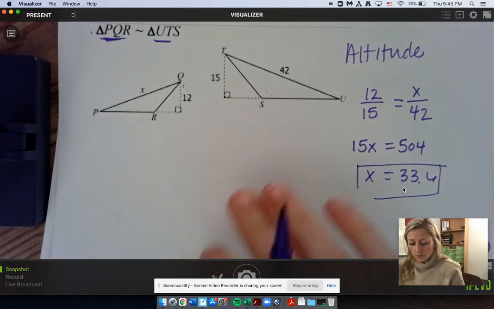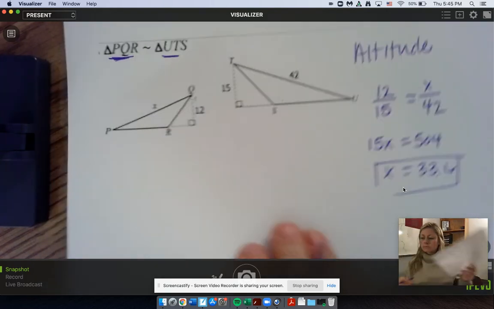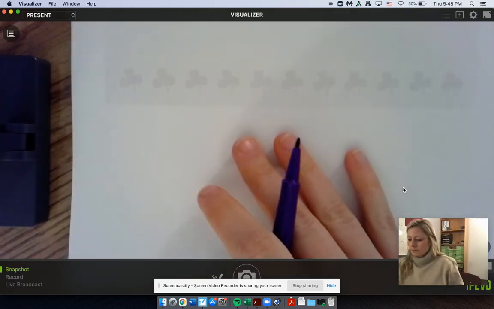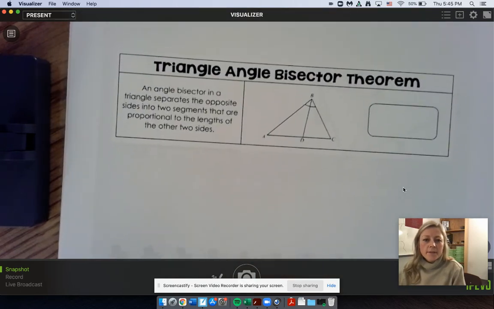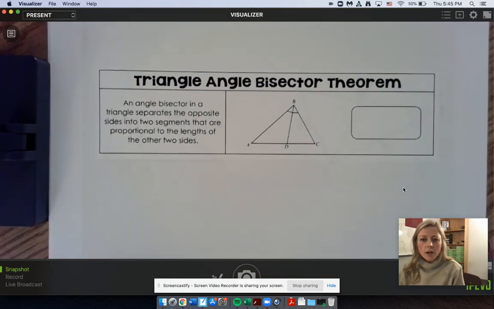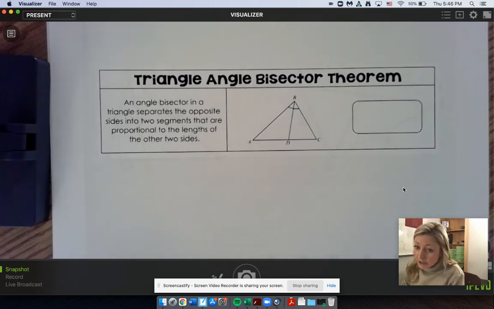Okay. One more. We have a thing called the triangle angle bisector theorem. Again, a lot of words, but let's just read this together. An angle bisector in a triangle separates the opposite sides into two segments that are proportional to the lengths of the two other sides.